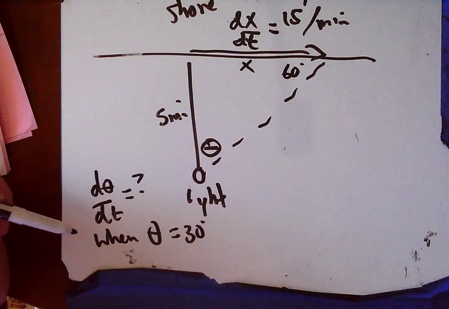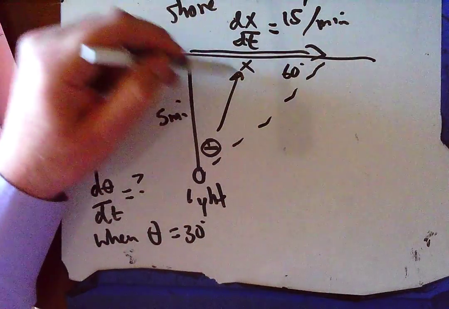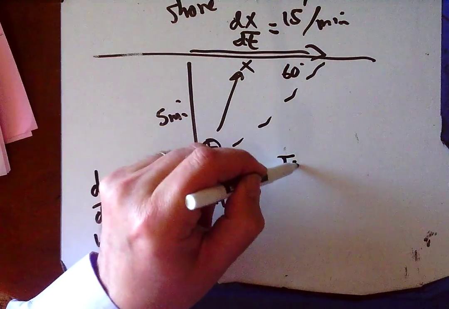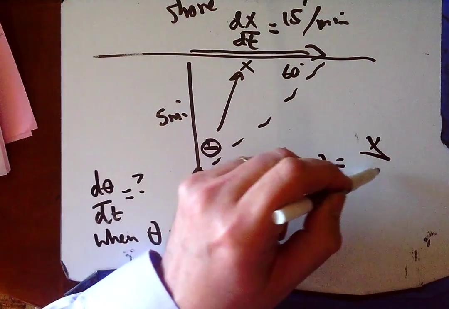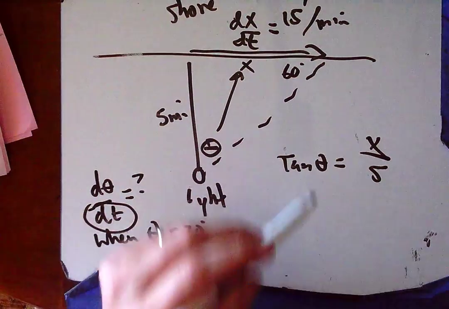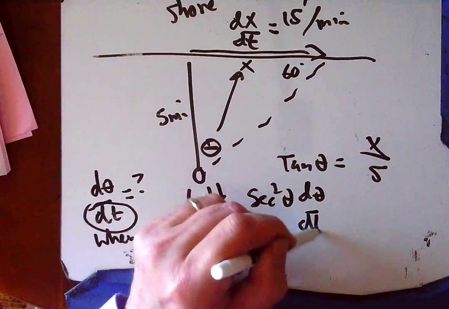Now I think I do want a tangent equation because I want to relate this stuff with this angle. So tangent theta equals x over 5. Take the derivative with respect to time. I'm going to get secant squared theta d theta dt.